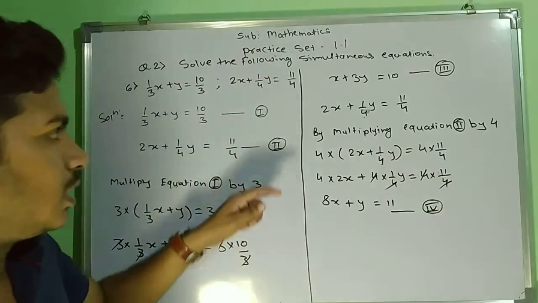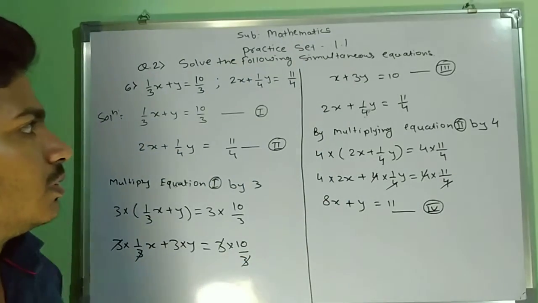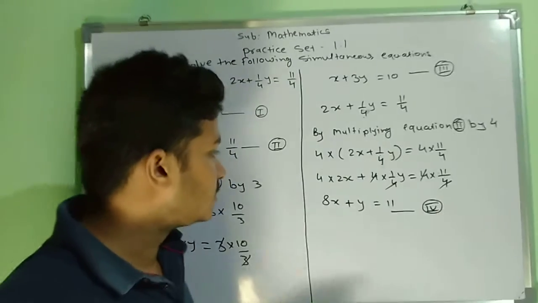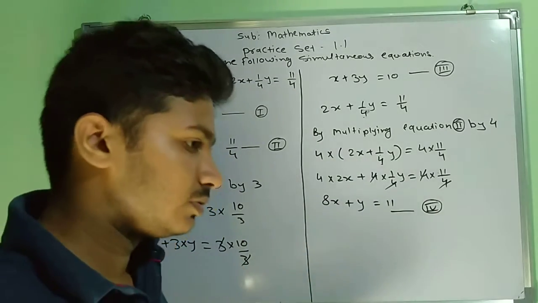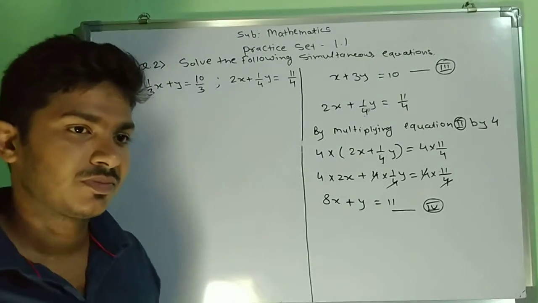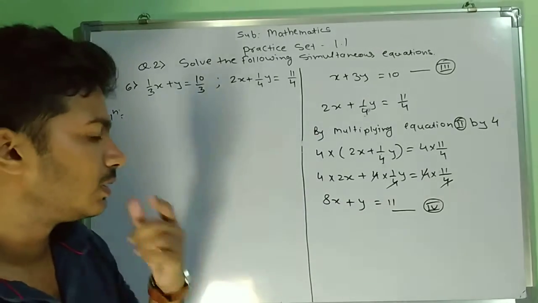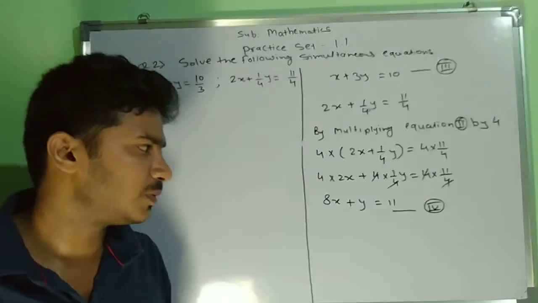Look here. Again we got two more equations, equation number 3 and equation number 4. Now we have to deal with equation number 3 and equation number 4.